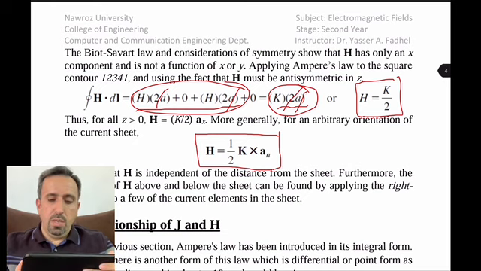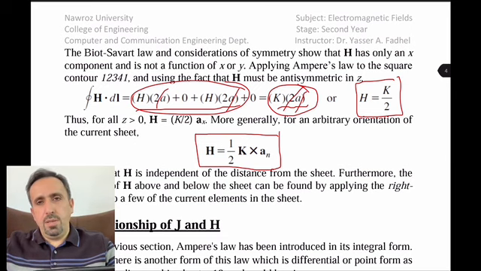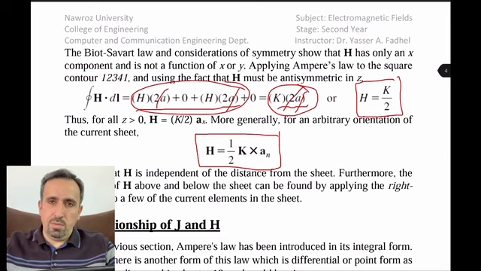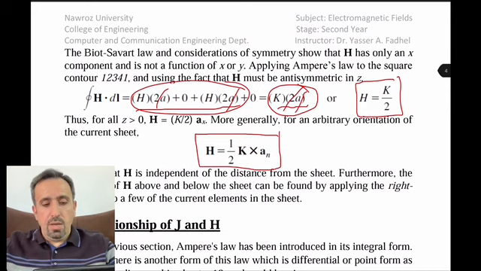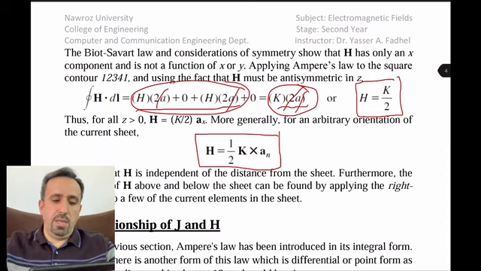Because depending on the current sheet density and the normal to this current sheet, by having the cross product between them, you will decide the direction of the magnetic field.